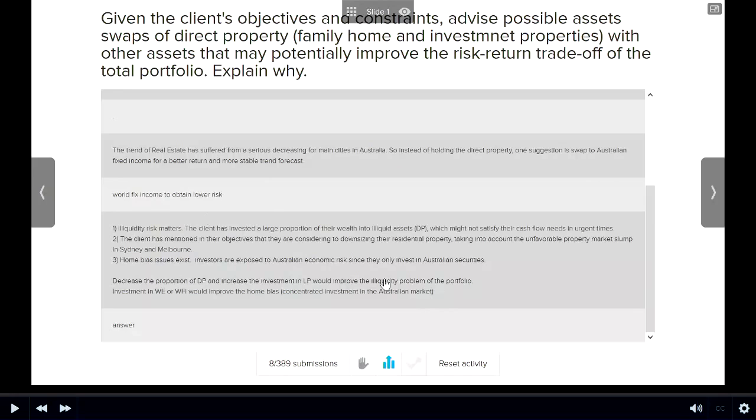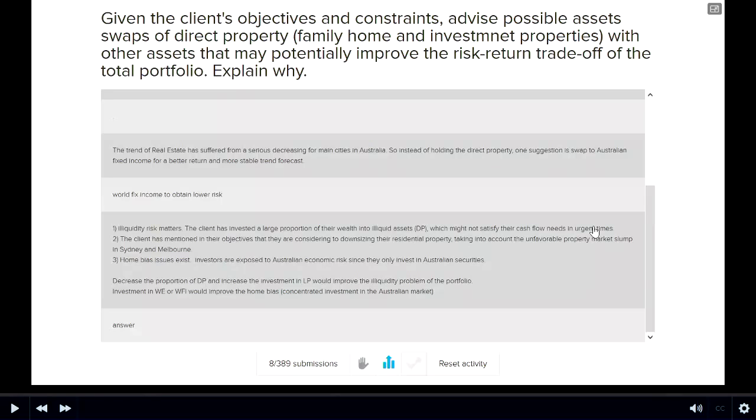Next one, it looks like illiquidity risk matters. Looks like you got the point. Okay, that's very good. Their cash flow needs in urgent times. And in this case, you are probably thinking about their transition to retirement. So probably they're going to have cash flow needs after their retirement or even years before their retirement.